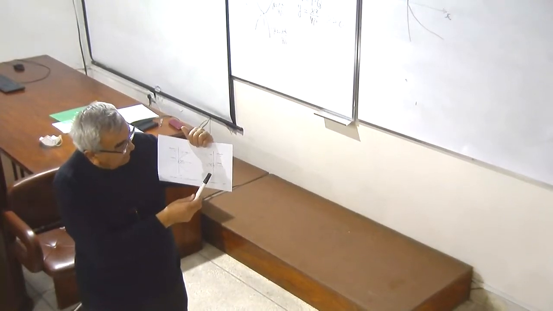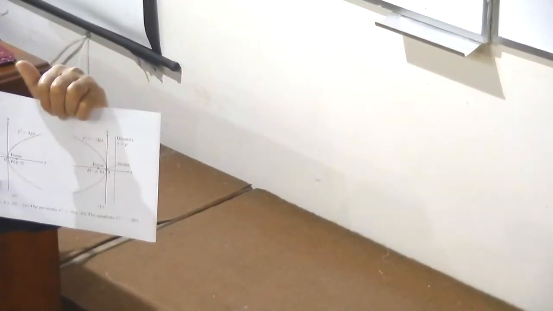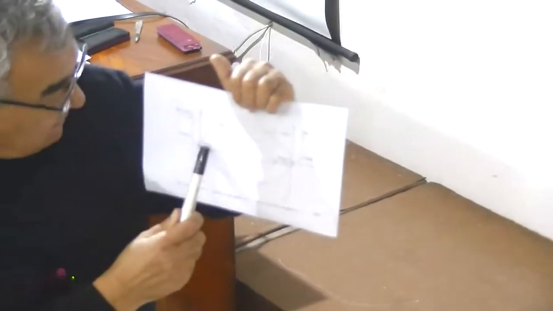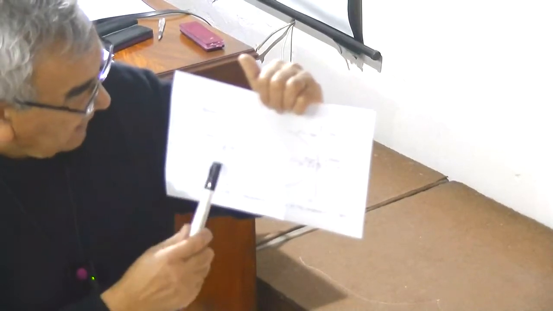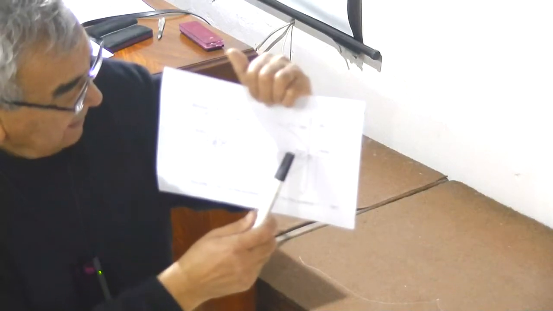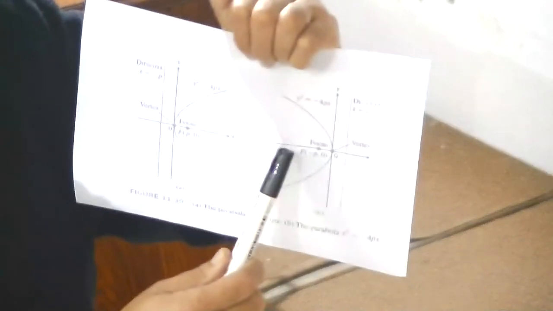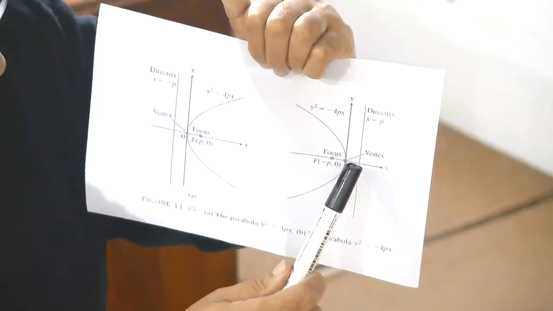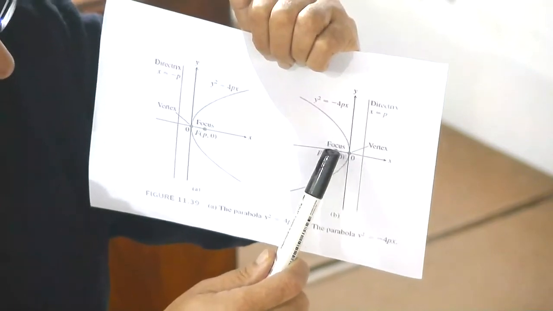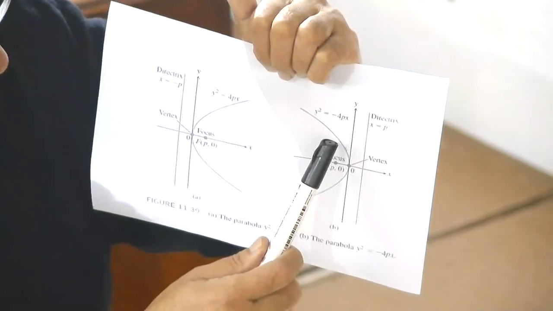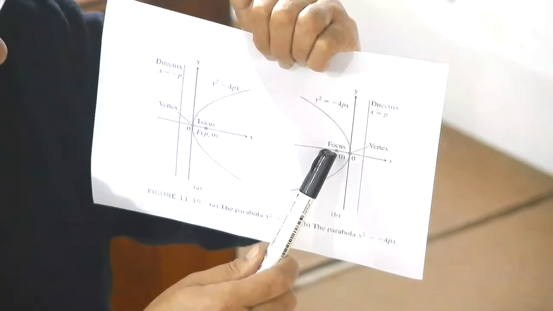The other case should be this case. Now I will take again, but the directrix here was on the left side, and the focus on the right side with respect to the y-axis. Now it will be reversed. That means here will be the focus. This is the y-axis. This is the x-axis. Here take the directrix. In this case, equating again the distance from the point to the directrix and to the focus, I receive these equations.